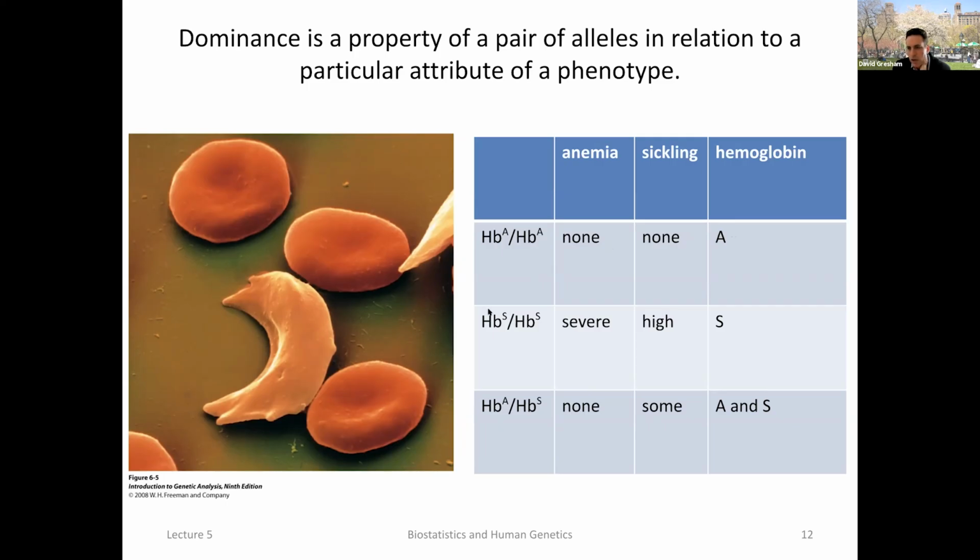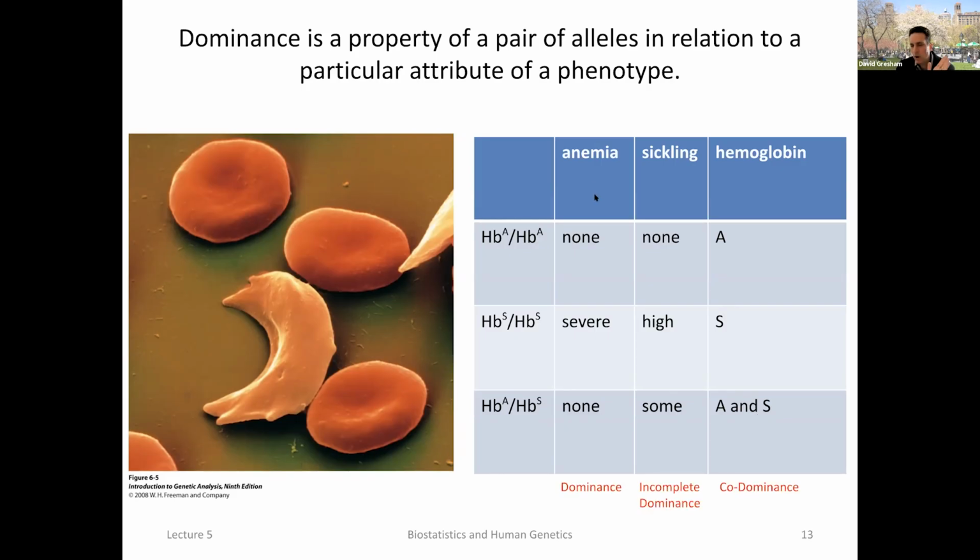But those individuals who are homozygous for the mutation in the hemoglobin that causes this disease have severe anemia and have a high sickling phenotype, and they have two mutant copies of the protein. But those individuals who are heterozygous do not have anemia, but they do manifest some sickling. Okay, and they have both the mutant and the wild type form of the hemoglobin.